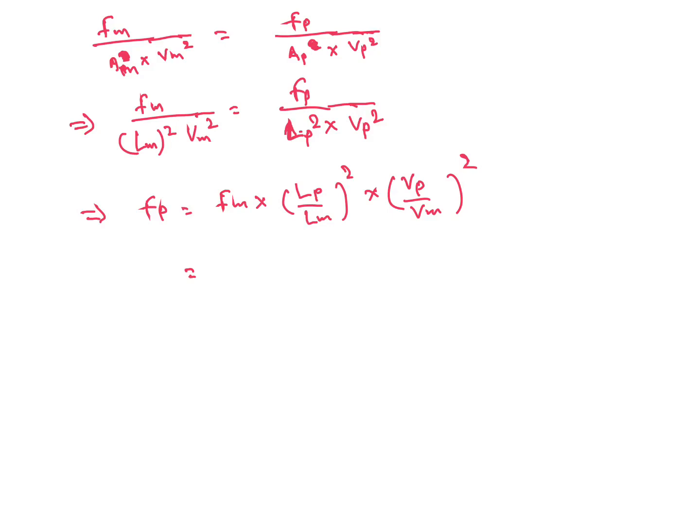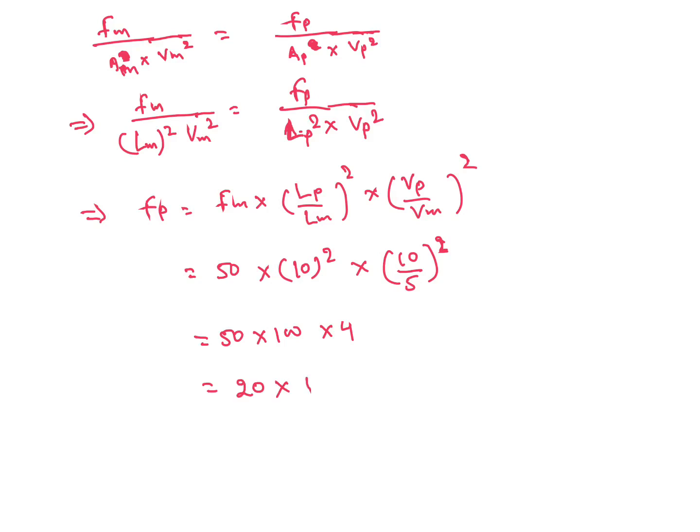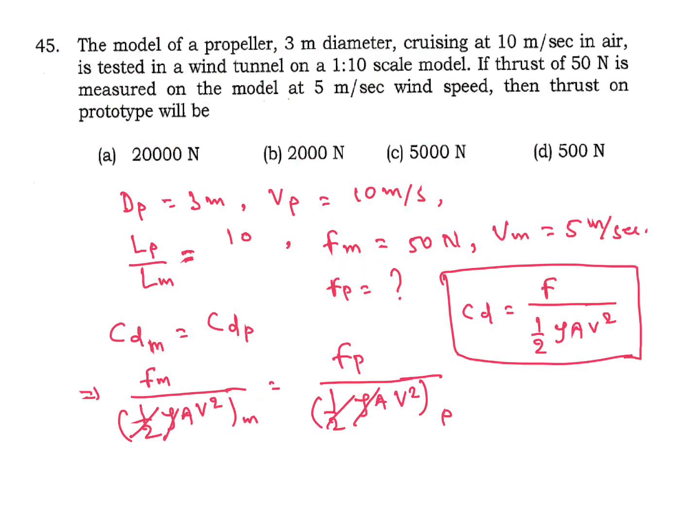Fm, force on that model, is 50 into Lp by Lm, it's 10 square into Vp by Vm, 10 by 5 square. So 50 into 100 into 2 square is 4. 20 into 10 to the power 3 Newton. So option A is our answer.